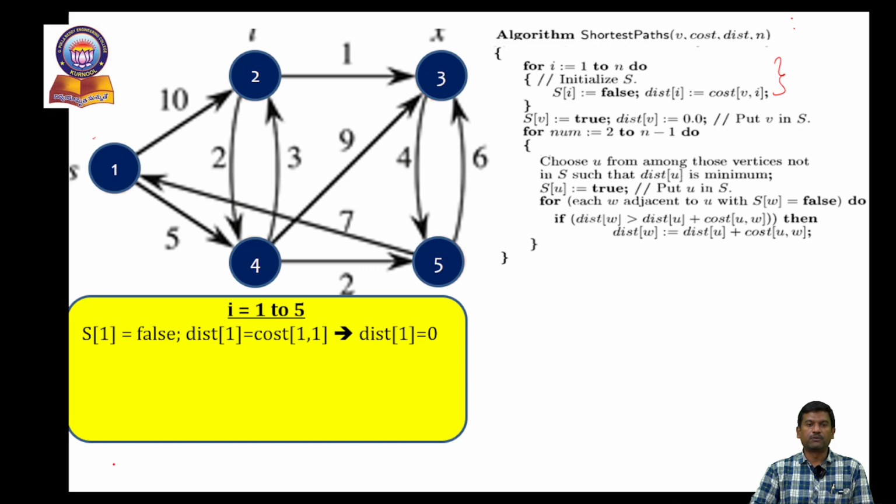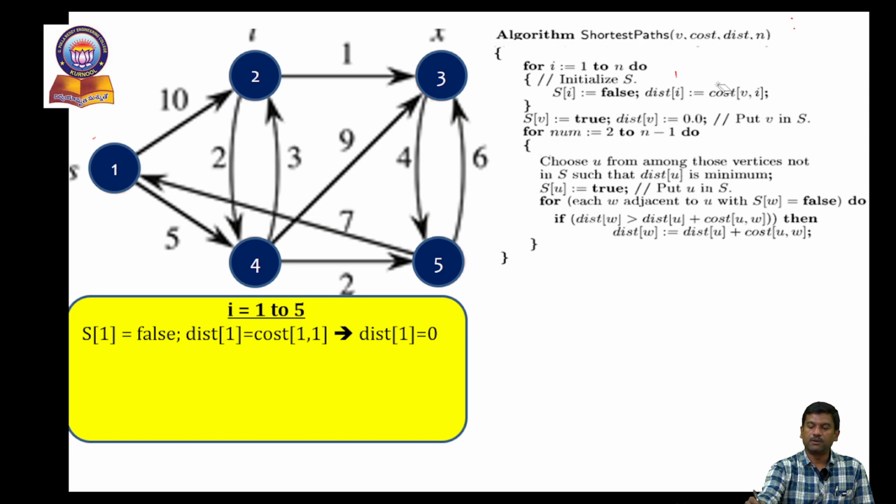That is, S of 1 equal to false, and distance of 1 equal to, because according to the algorithm, distance of I equal to cost of V comma I. So distance of 1, because I equal to 1, equals cost of V comma I, and V indicates the source vertex. Since in this given graph we have considered the source vertex to be 1, the V value will be equal to 1, and that is why distance of 1 equals cost of 1 comma 1.